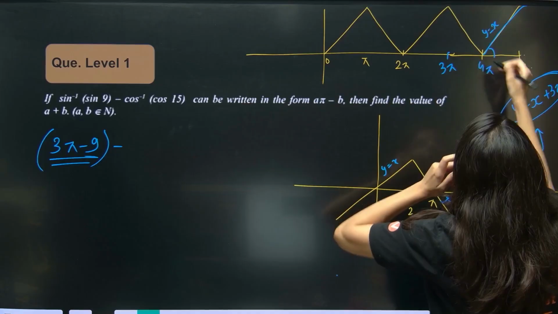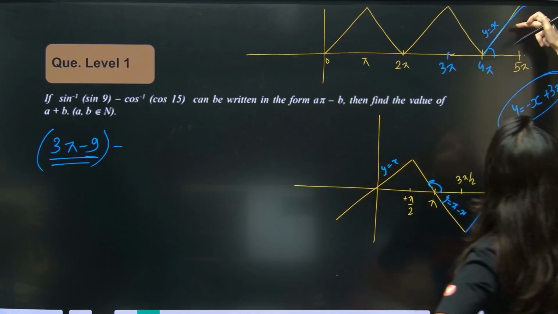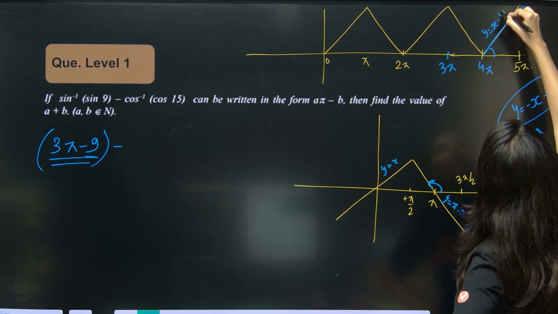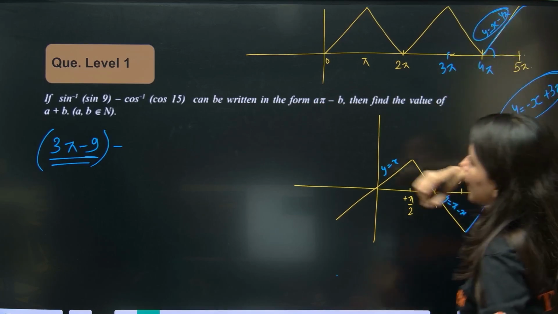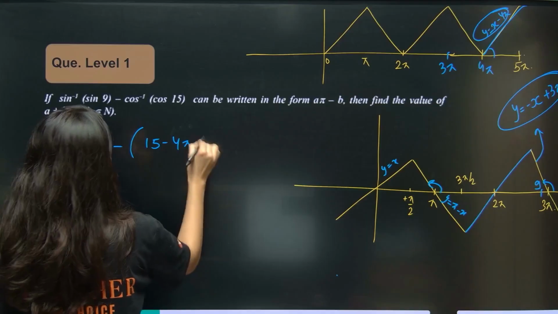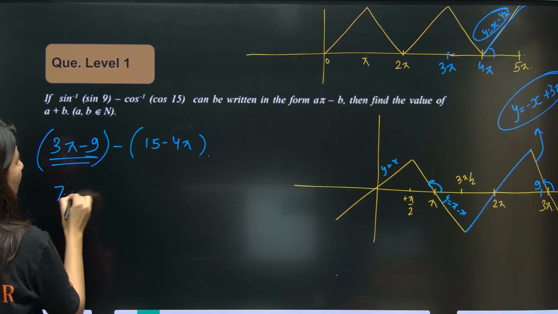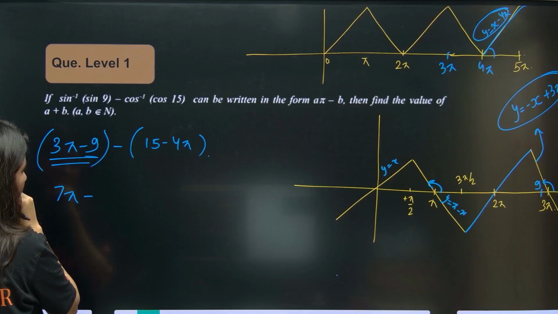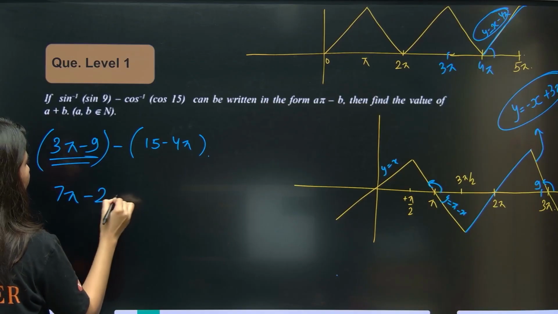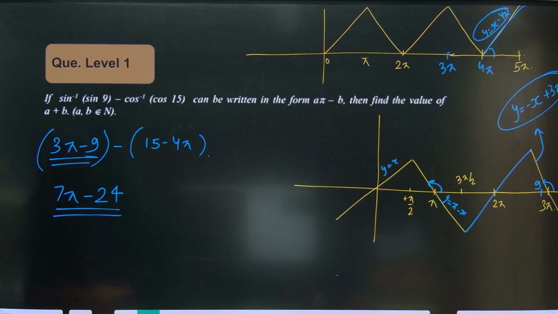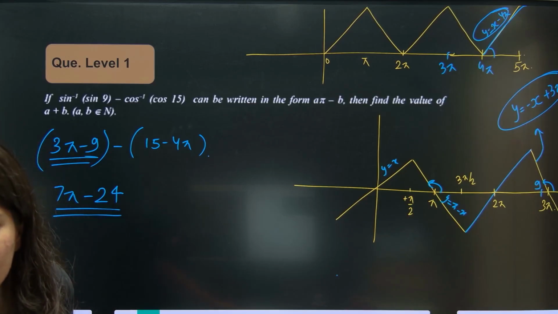This is your 4 pi, ma'am. So yes, this is x, and this is 4 pi, ma'am. So x minus 4 pi. Correct? X minus 4 pi. So this is 15 minus 4 pi. So 7 pi minus 24, correct? 7 pi minus 24, is it correct? Tell me.